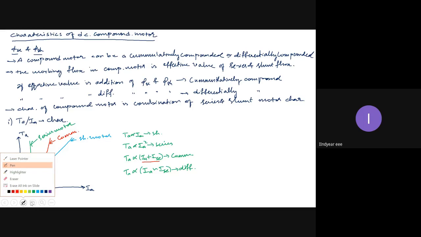In differential compound, it is less than IA on the right-hand side. Let me choose purple. So this is for differential. Okay.